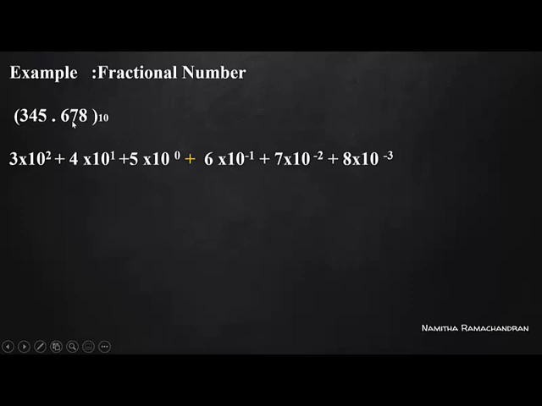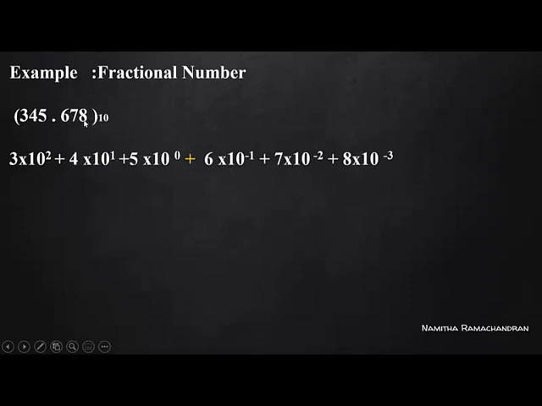And 7 is present in the second place after the decimal point, that means 0.07. The positional value of this 7 is 0.07. We can represent this as 7 into 10 to the power minus 2, or 7 by 100.